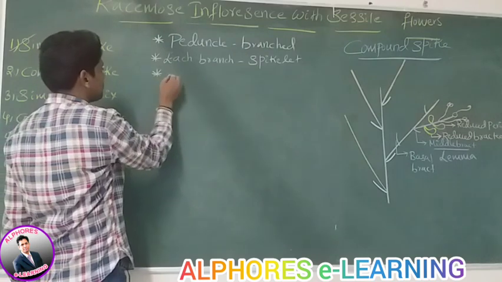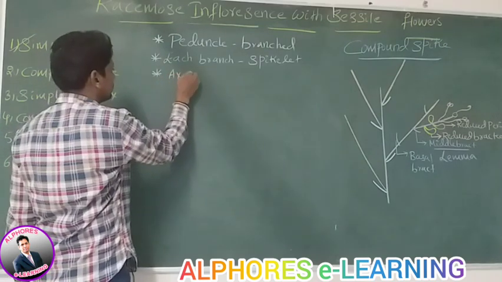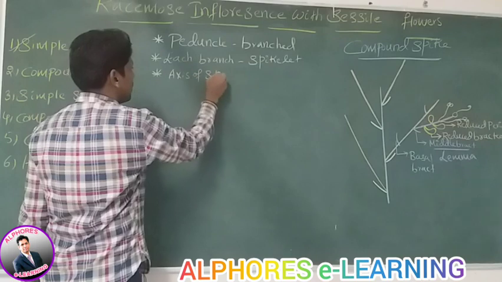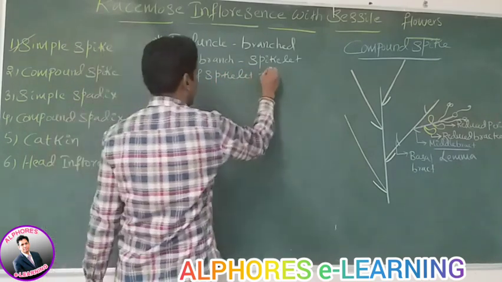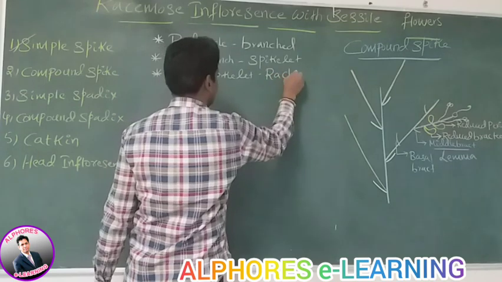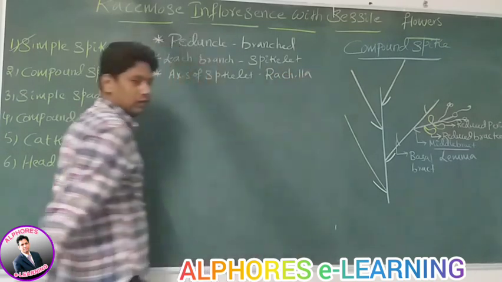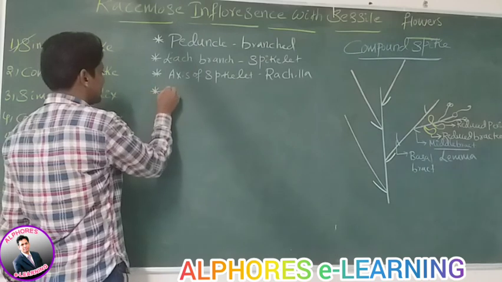The axis of the spikelet is called rachilla.